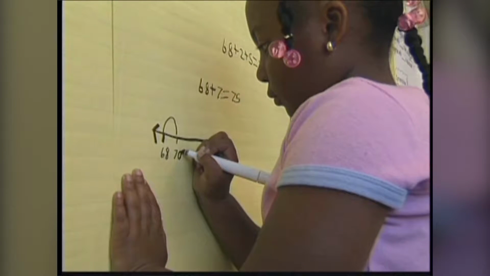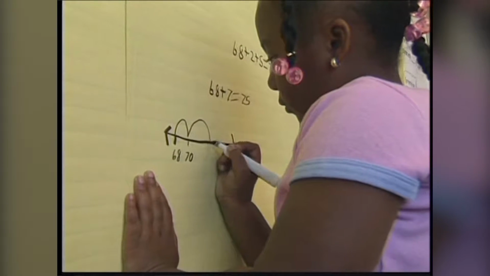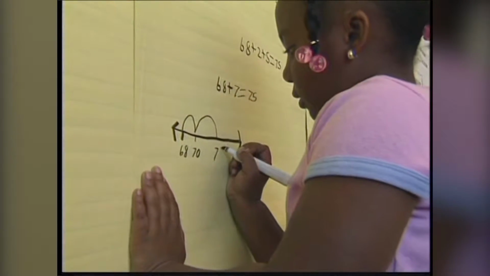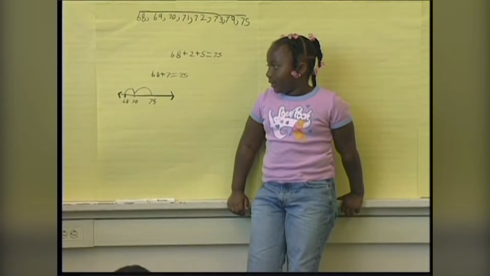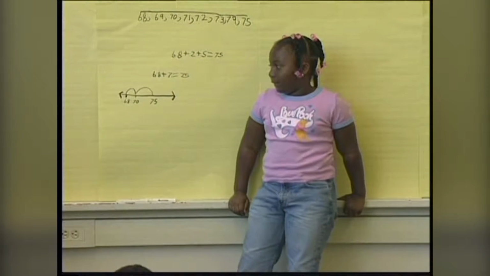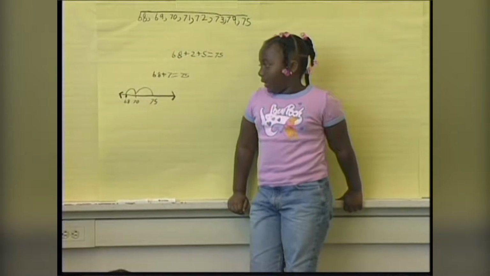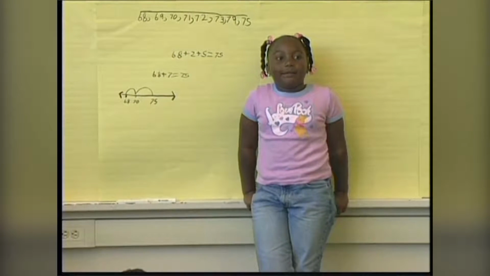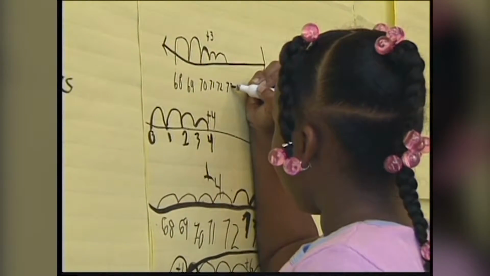Then we share our ideas with the class. Sometimes we draw on the board. She had 68 and added 2 more, which was 70, and added 5 more, and the answer she got was 75. Is there another way to show that leap of 7?